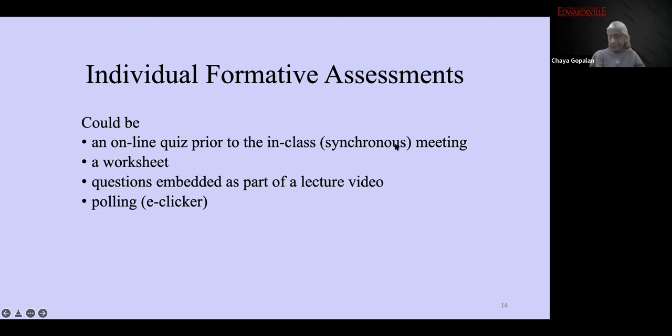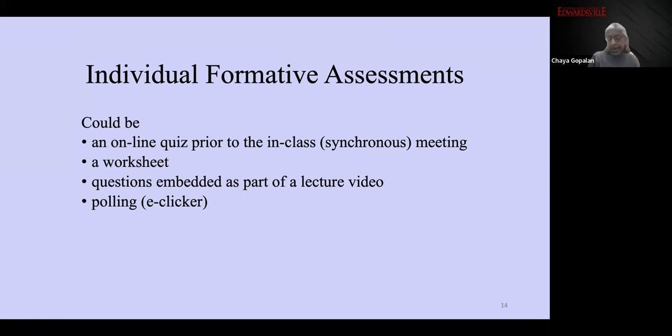So what kind of activity can you think about? You can say an online quiz or an in-class quiz like we did just now, a worksheet that you would share with the students even before a class that they would complete, and you would talk about it in class. All right, a completed worksheet that they could share with you to show that they were engaged.